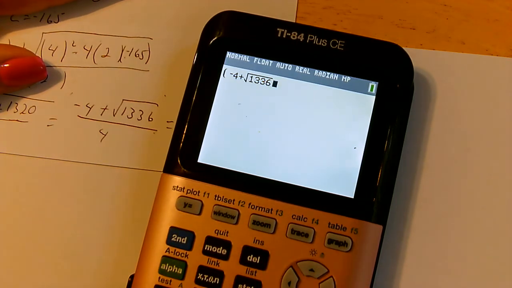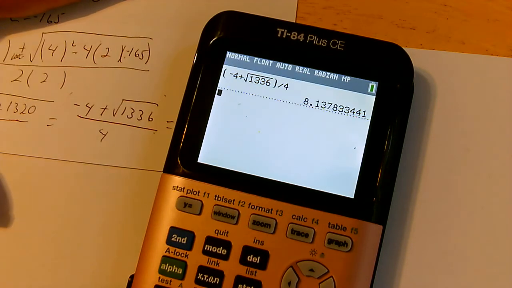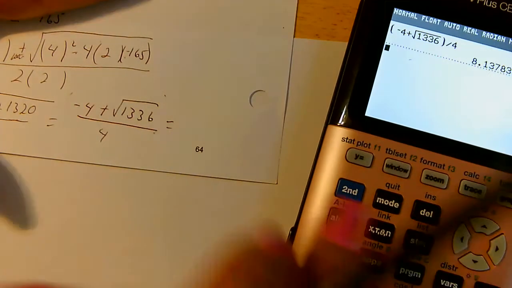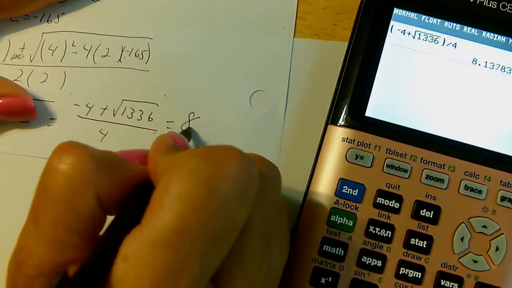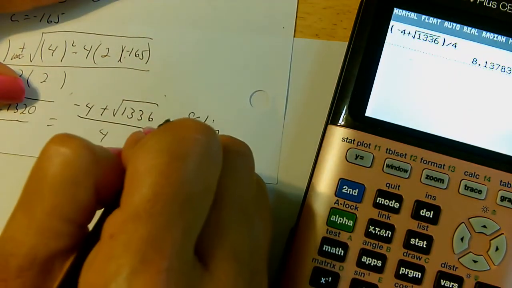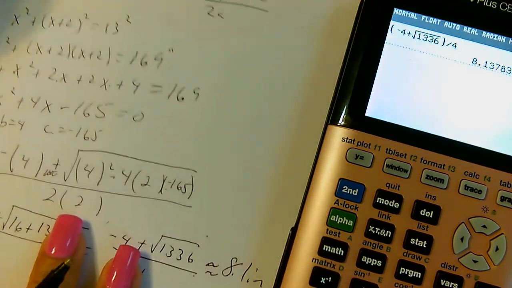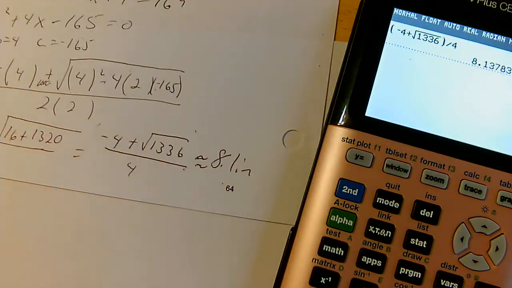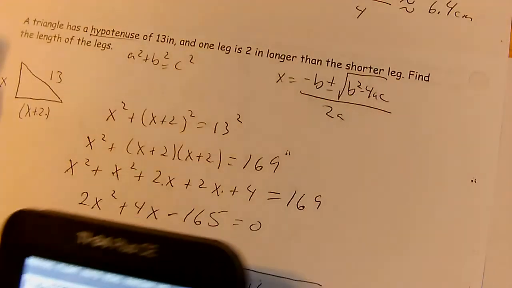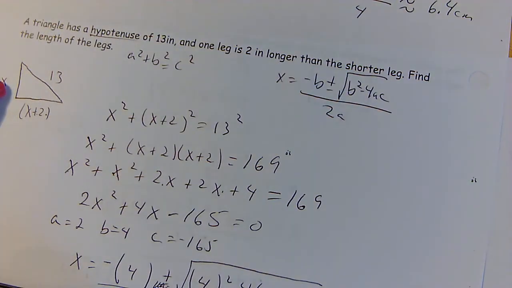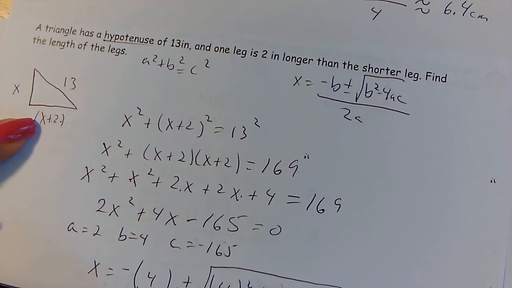Close my numerator, divide by the denominator. I'm going to round this to 8.1 inches. This is approximate. You would be told where to round. And that's the shorter leg. The longer leg is 2 more than that. So it'd be 10.1.